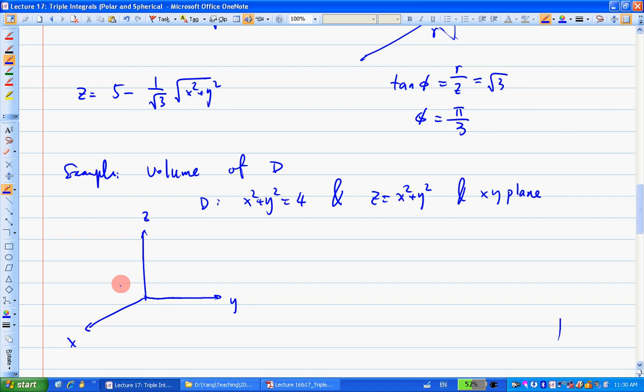A cylinder with a radius of 2. Okay? And this z equal to x squared plus y squared, that's what we just had, right? It's a paraboloid.